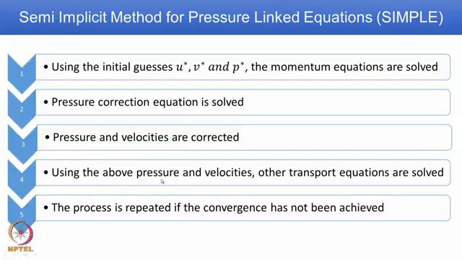Once you have the above pressure and velocity, then any other transport equation can be solved, for example, temperature or concentration. The process is repeated, all the steps are repeated until the convergence criterion that you have set is satisfied. As we did in the MAC algorithm, here also we set up a condition for convergence. It may be 10 power minus 3 or 10 power minus 5, it depends on the problem. Once the convergence is satisfied, then we quit the iteration procedure.